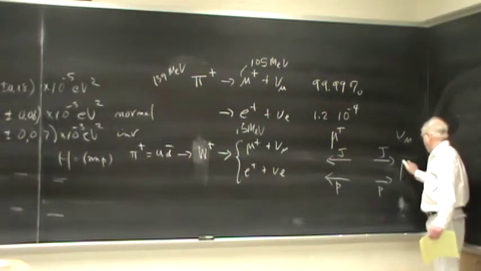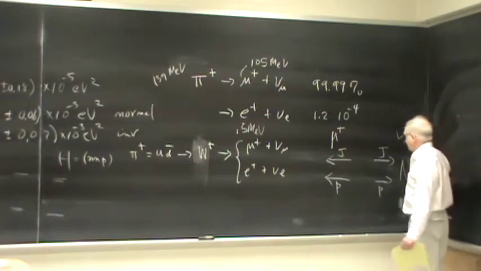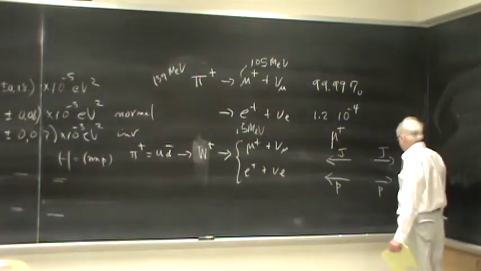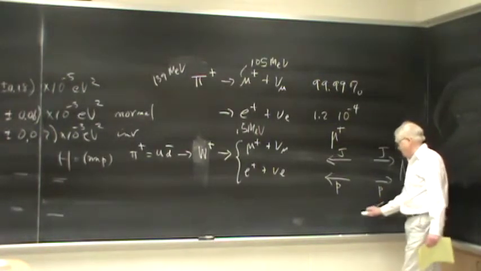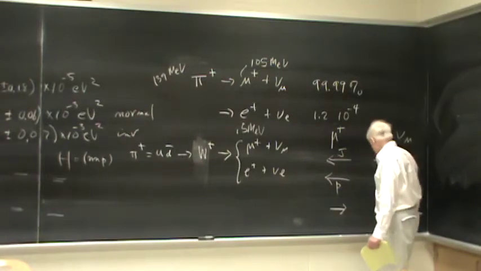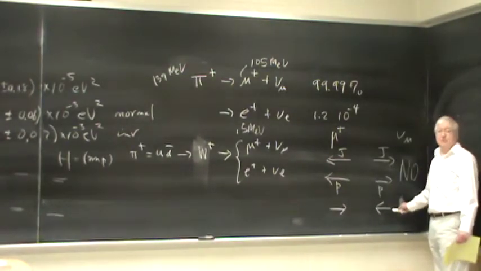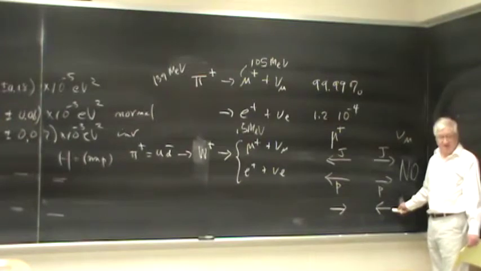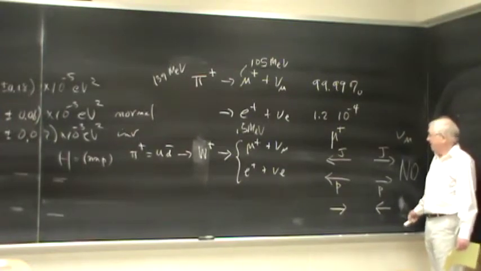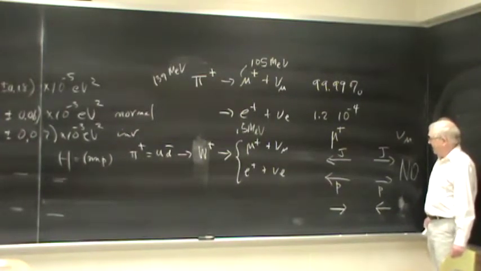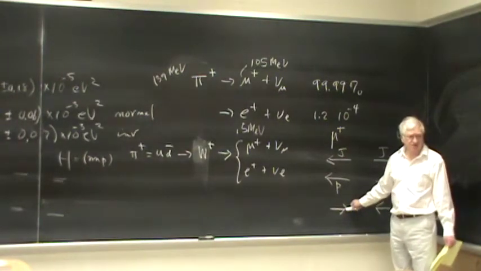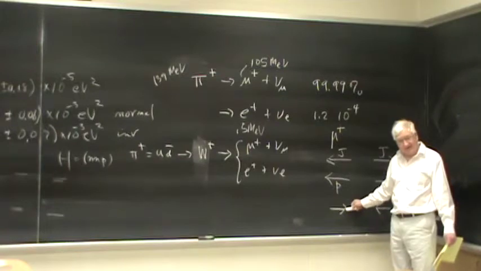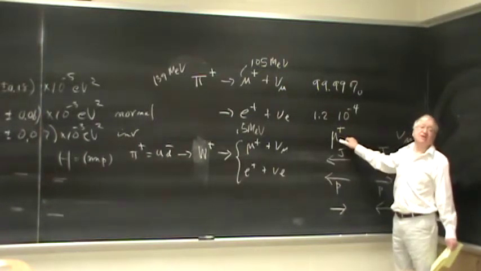So, no. All right. The other possibility is that the J of the outgoing particles look like this. Now, the nu mu is left-handed, so that's okay. But now, mu plus is left-handed, but it's an antiparticle, so it should be right-handed. But it's not relativistic.